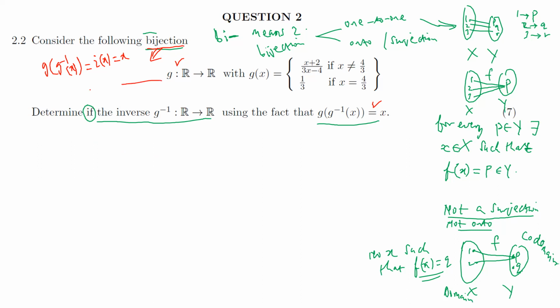In view of the fact that you have that one there, it is going to be G into G inverse of X. In other words, we replace every X by the inverse.